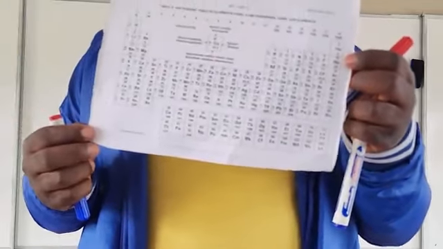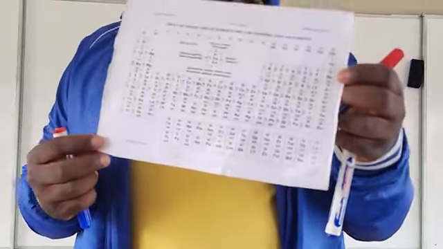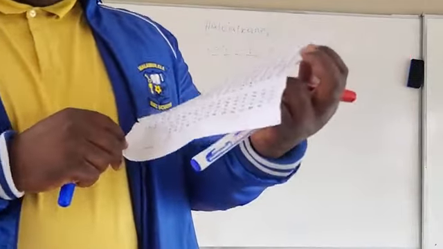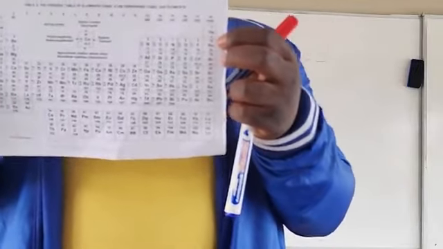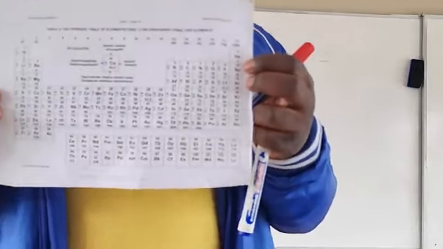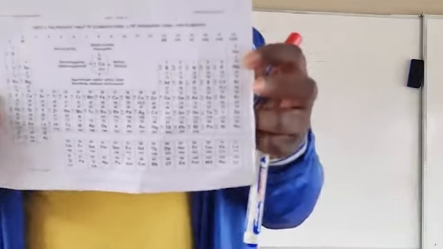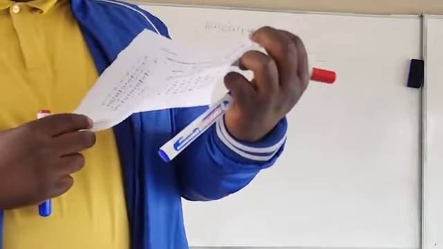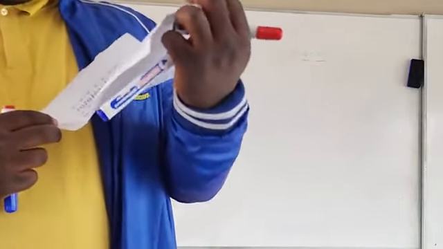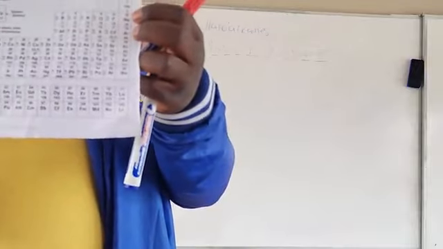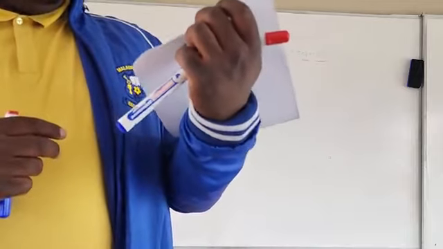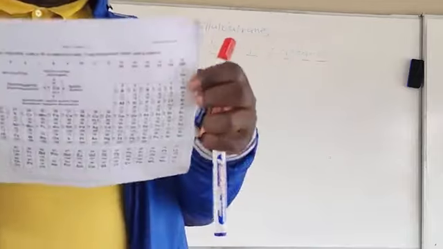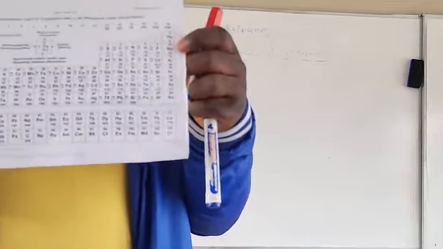The third one is bromine. The fourth one is iodine. Then we've got the one which is written 80. It is also a halogen.